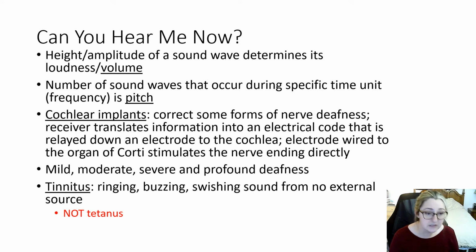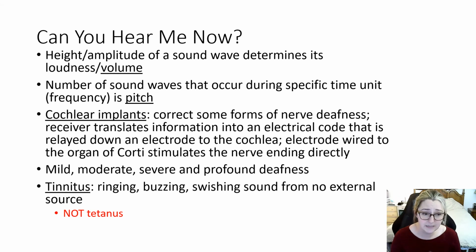Cochlear implants are those structures that sit on the outside of someone's ear, somewhere around here. What's interesting about them is they are going to correct some forms of nerve deafness. So this is specifically having to do with the cochlear nerve and not necessarily those little hair cells, such as when you have hearing damage from a concert.